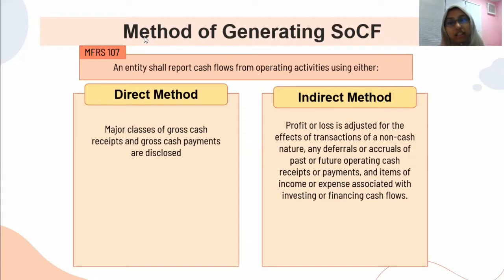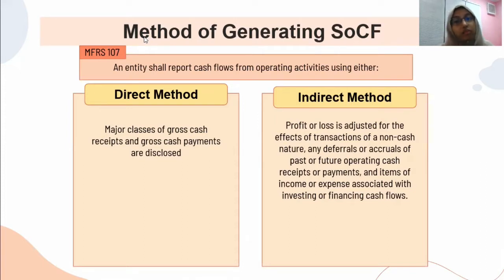It means the indirect method begins with the net income before tax from the income statement, adjusted for changes in the asset and liability accounts on the balance sheet, by adding to or subtracting from net income to derive the cash flow from operations.